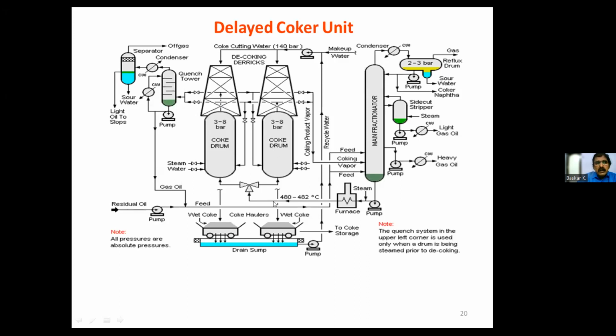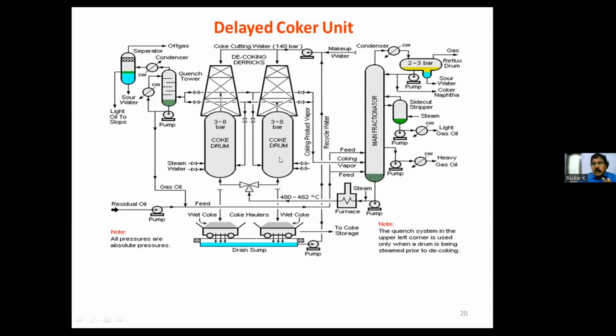The heavy end coke is wet coke, because we are using water, no? That wet coke is received here and water is drained out to the drain pump, and the dry coke is moved to cold coke storage for further movement. It's a cyclic operation, switching over one by one. When coke cutting is taking place in one, the other will be in coking mode, so that it's a continuous operation.